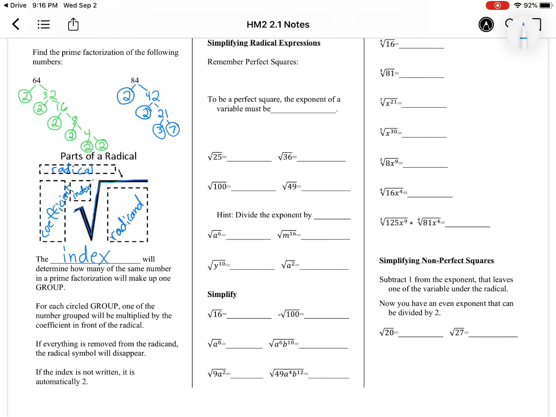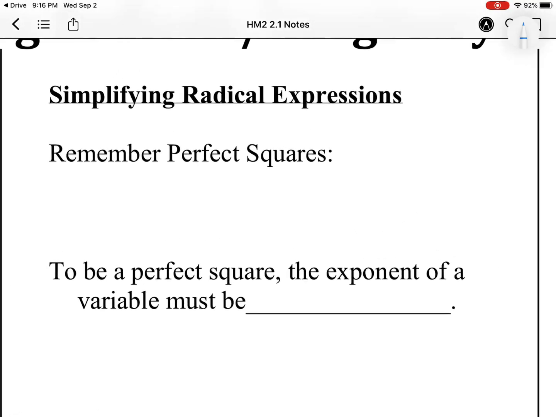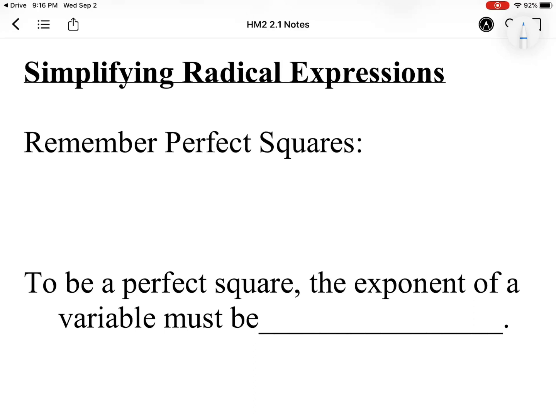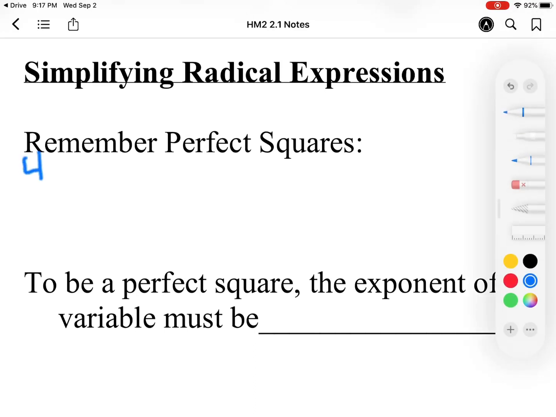Remember perfect squares. Perfect squares are going to be your friend. What perfect squares mean is if we have, like, 4, the perfect square of 4 is 2 times 2. So there are exactly 2 numbers that multiply by themselves to get that perfect square.